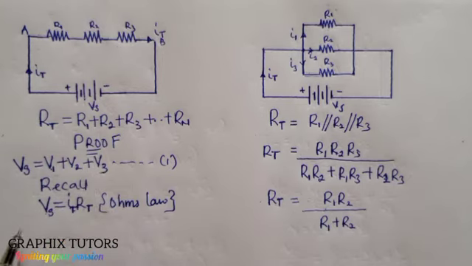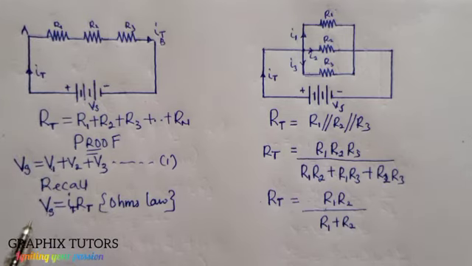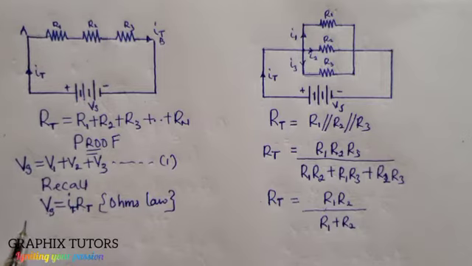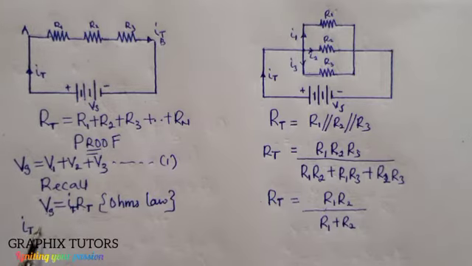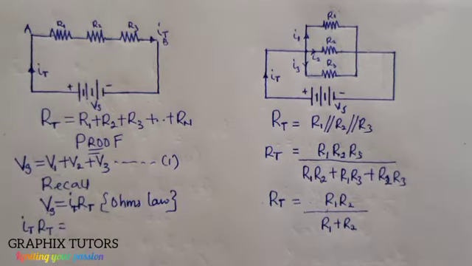So now, instead of writing my V supply, my voltage source, I'm going to say that my I total, R total, is equal to, instead of writing V1, I'm going to put I1, R1.